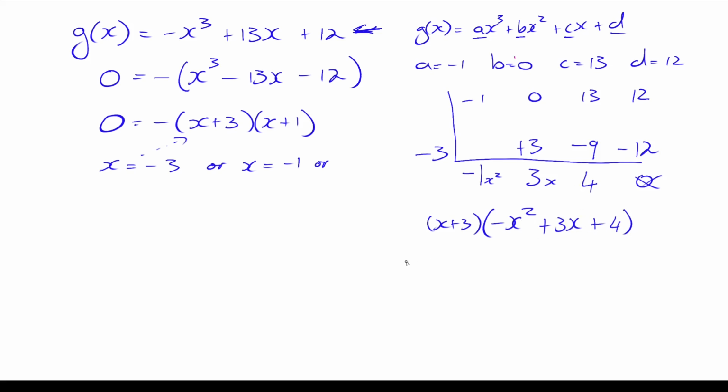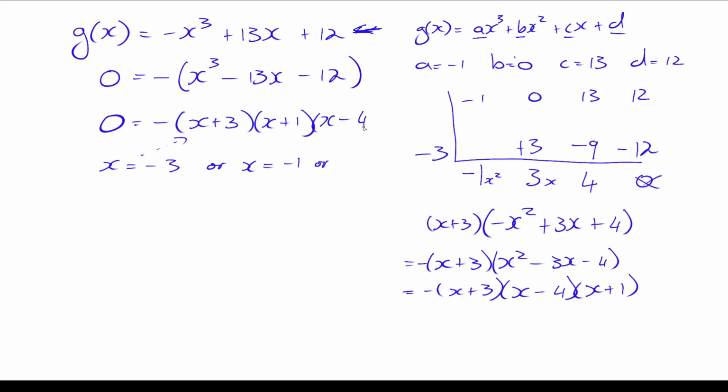This is a little hard to factorize, so I'm just going to take out the minus and have x squared minus 3x minus 4, which gives me minus x minus 4, x plus 1. Bam. And then I can see, okay, I've got my x plus 3, x plus 1, and I don't have x minus 4. That's the one that's missing, x minus 4. So x equals 4.